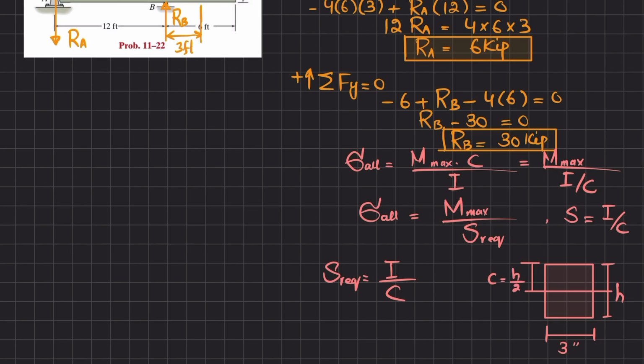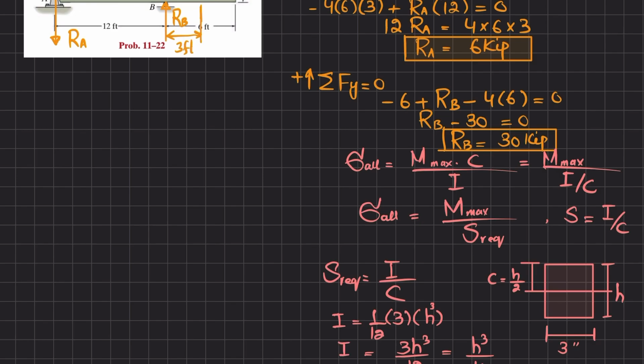Clear? And the moment of inertia I for this rectangular beam is equal to 1/12 b h cube. So b is 3 and h is not known, so h cube. We will get 3h cube over 12, which is equal to h cube over 4. This is I.